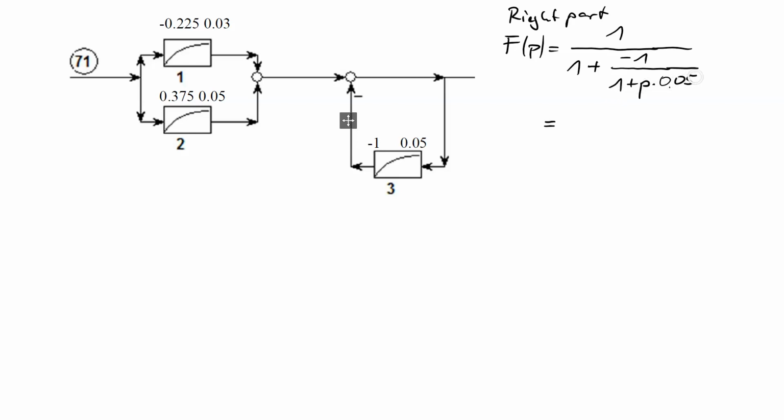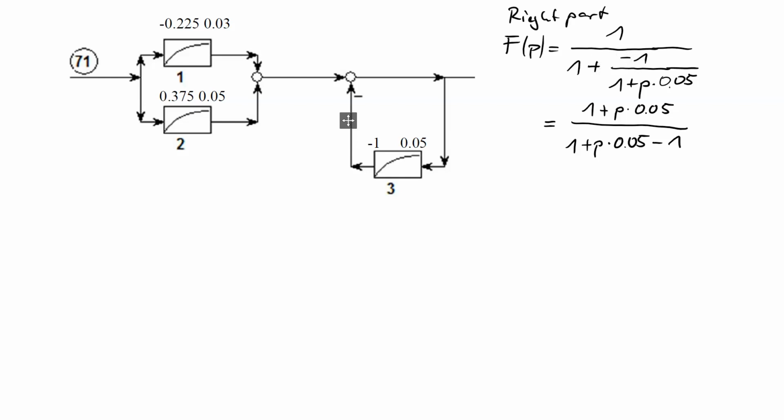This 1 plus P in the denominator has to be removed by multiplying numerator and denominator with 1 plus P times time constant. So we have in the numerator 1 plus P times 0.05, and in the denominator we have the 1 multiplied with this denominator, 1 plus P times 0.05, and finally with -1.